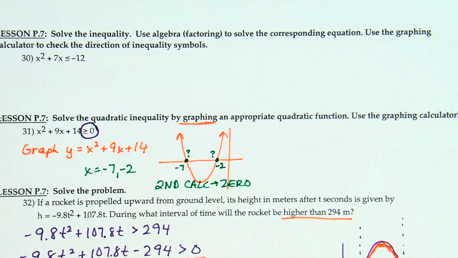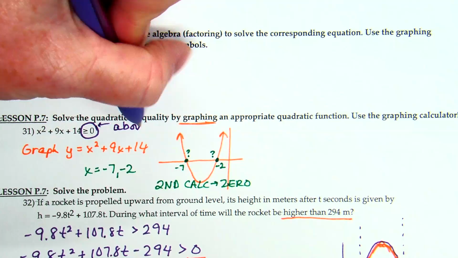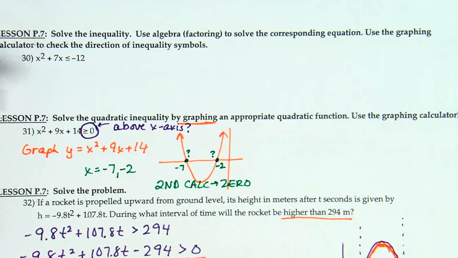On 31, it's greater than or equal to 0, which means I'm most concerned where this is above the x-axis. And yes, because it's equal to, officially you should be thinking on or above.